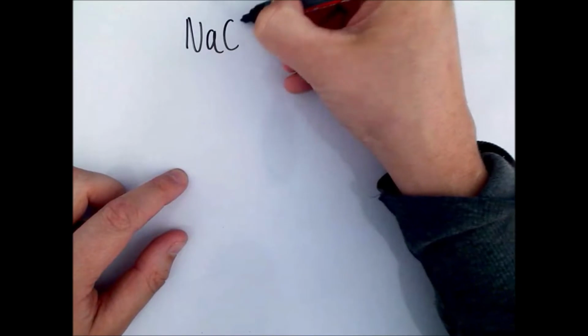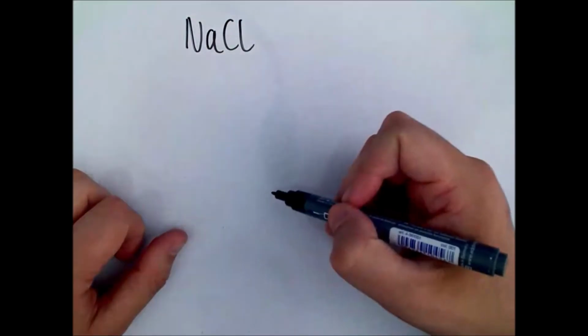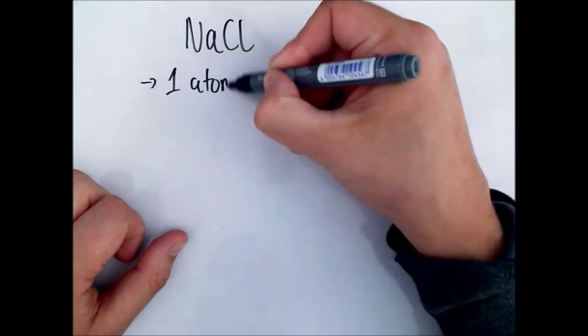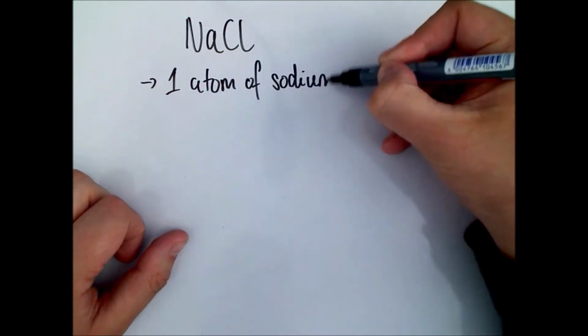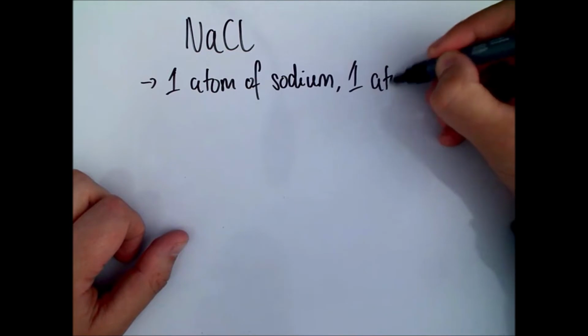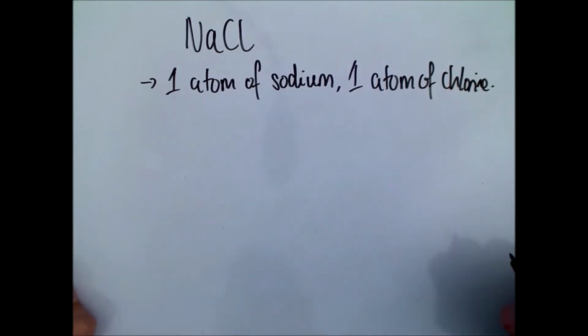We're going to look at sodium chloride, NaCl. This formula doesn't have any numbers in there, so it tells me that I have one atom of sodium and one atom of chlorine. I'm going to start by drawing those atoms, same as we did in the very first lesson.